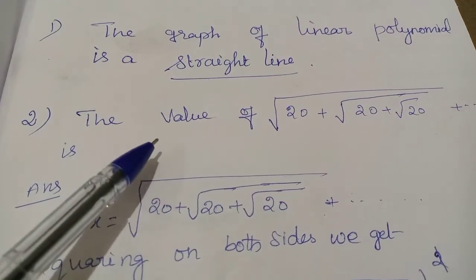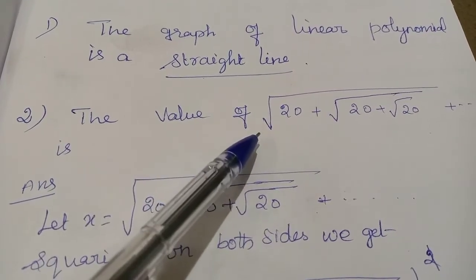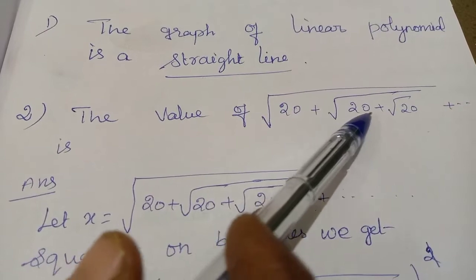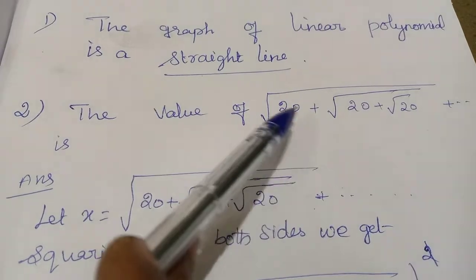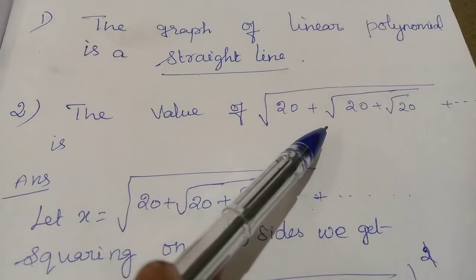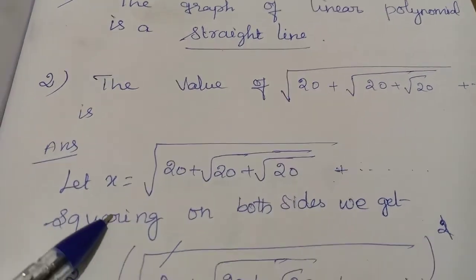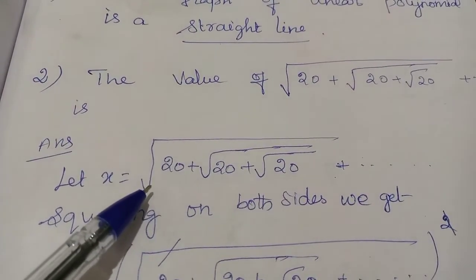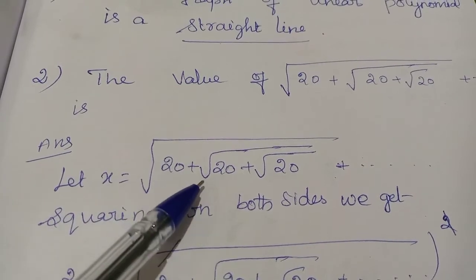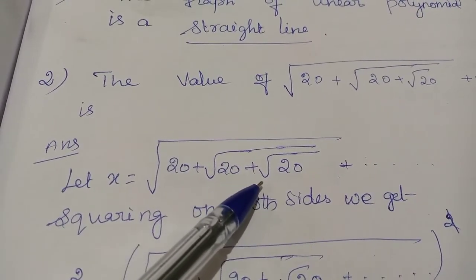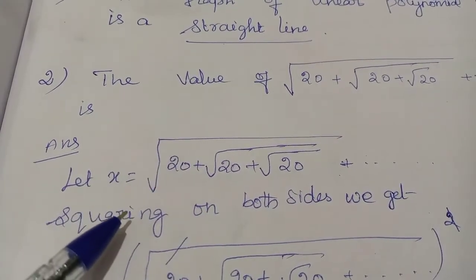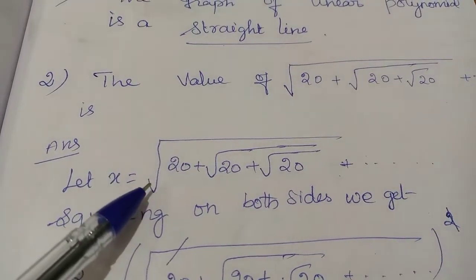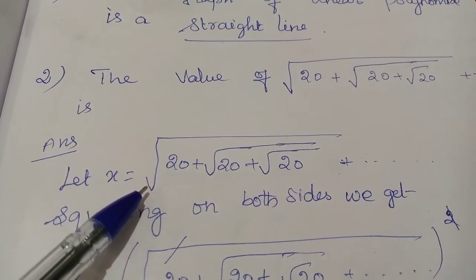Second question, the value of square root of 20 plus root of 20 plus root of 20 plus etc. How to do this question? Let us take this given expression as x. So the first step will be x is equal to square root of 20 plus root of 20 plus root of 20 plus etc. Let us square on both sides to cancel the first square root.